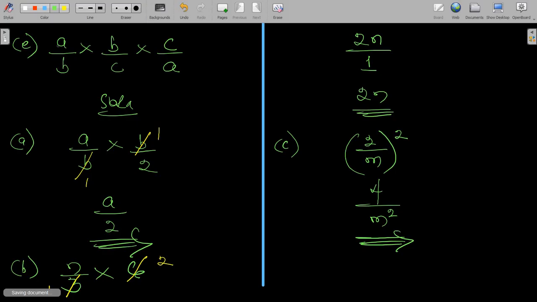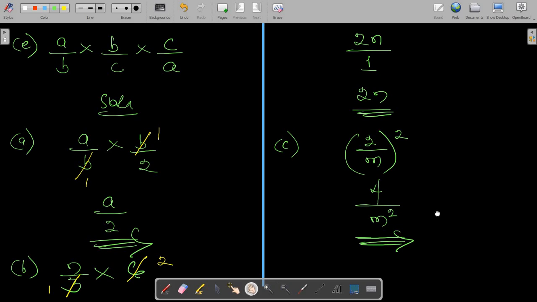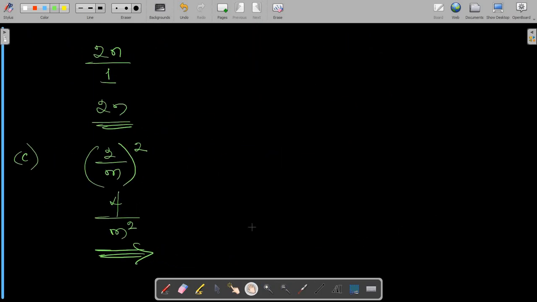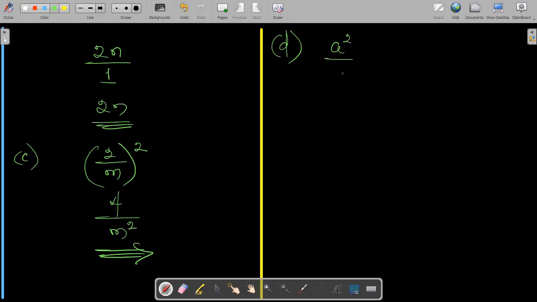Now let us move on to the D part of the question. We are asked to simplify a squared all over 2 multiplied by 4 all over a cubed. You notice that we have a squared on top and a cubed at the bottom.